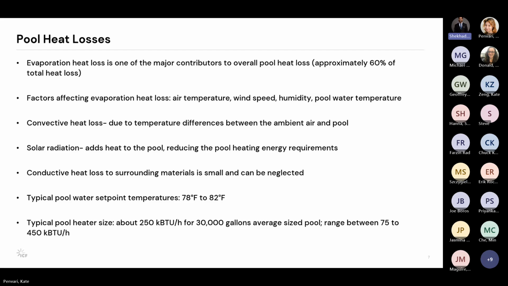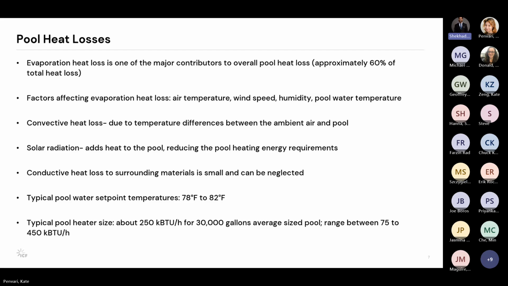And there are several factors that affect evaporation heat loss, including air temperature, wind speed, humidity of air, and pool water temperature. Other heat loss contributors are convective heat loss, solar radiation, and we learned from literature review that conductive heat loss to surrounding materials is small and can be neglected, as it is significantly small compared to other pool heat losses.